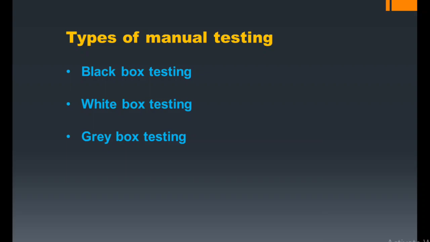So what is black box testing? Black box testing is a software testing method in which the functionalities of a software application are tested without having knowledge of the internal code structure. As a manual tester, you don't know the actual implementation of the code running behind the software.